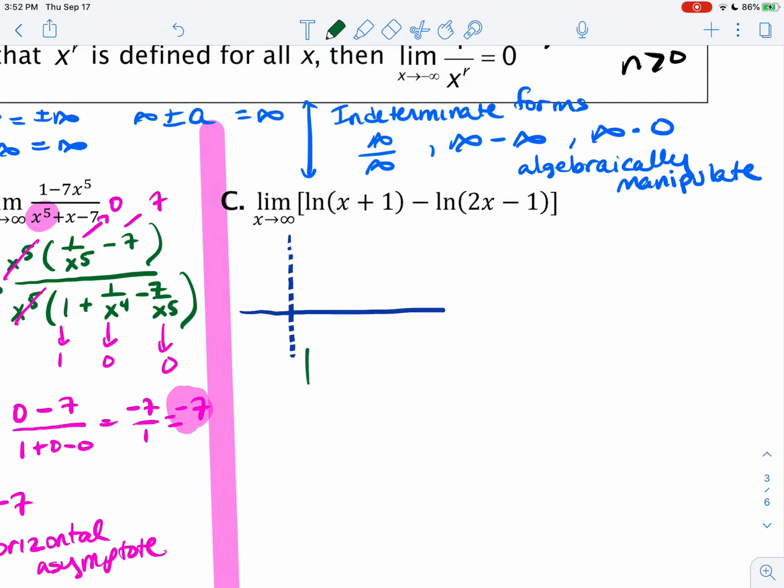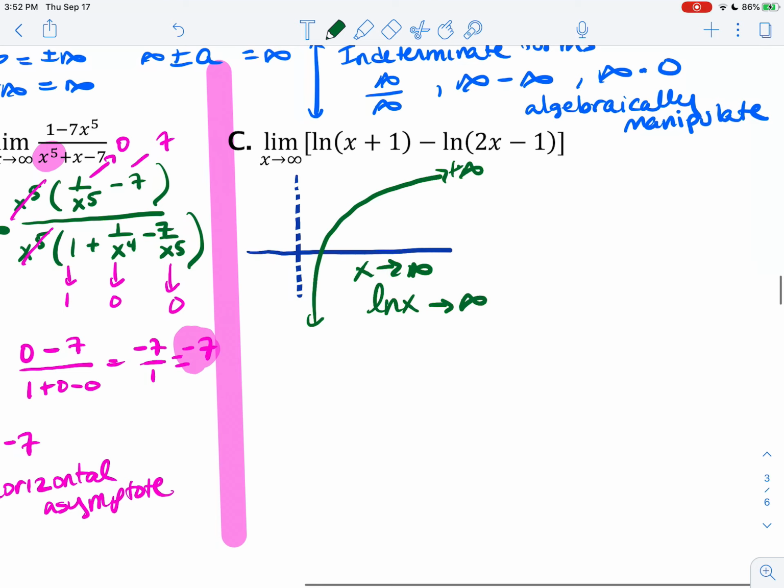Remember, we have a vertical asymptote there. Our graph of ln of x looks like this, and this is headed towards positive infinity. So as x approaches infinity, your ln of x is going to infinity. Very slowly, but it is going to infinity.